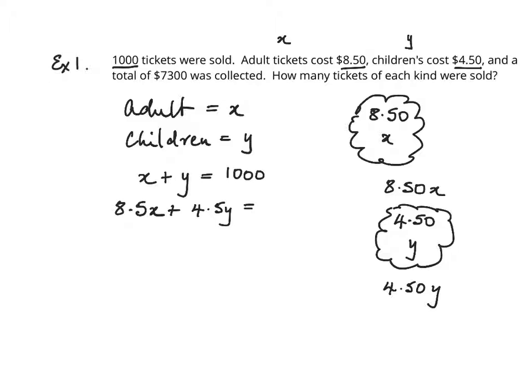And the total raised by selling tickets was 7,300. So there's the second equation. Equation 1 and equation 2. Now, which of the two is easier to eliminate? I'm just going to choose to eliminate Y. What I'm going to have to do is to multiply equation 1 by 4.5.